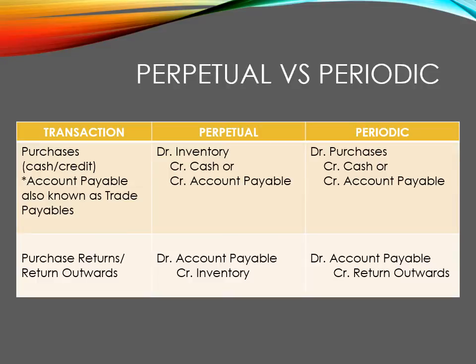Now we will discuss how transactions are recorded if you adopt the perpetual compared to the periodic system. Whenever there is a purchase transaction, whether in cash or on credit, for the periodic system, we have all learned that we debit the purchases account and credit the cash account if we purchase goods on cash.